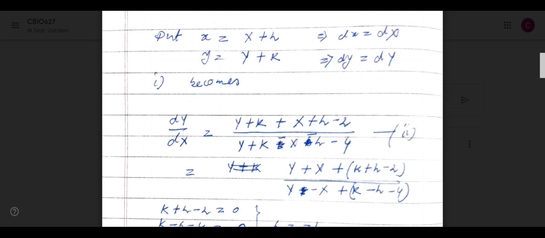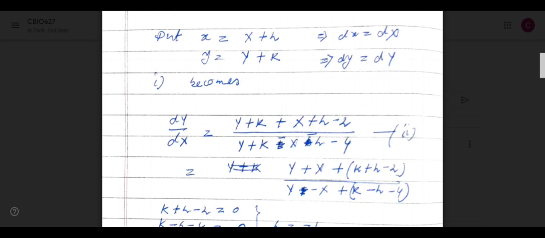So up to this one you understood? We have the equation dy by dx equal to (ax plus by plus c) by (a dash x plus b dash y plus c dash). In the equation (y plus x minus 2) by (y minus x minus 4), you will see that a by a dash is not equal to b by b dash.